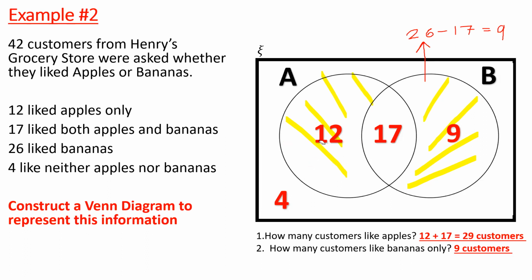Now, if they say apples and did not say only, you do 12 plus 17. You see that? Yes, sir. And if they say bananas and did not say bananas only, then you do 17 plus 9. You understand what I'm saying, Savannah? Yes, sir. So when we do the graded exercise, be careful for that and look at your examples.